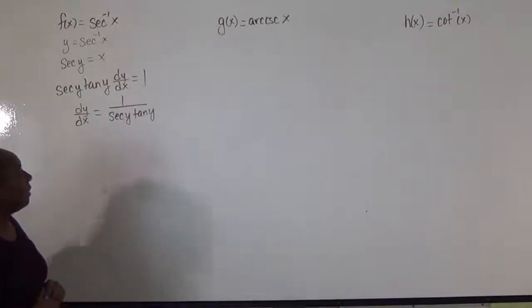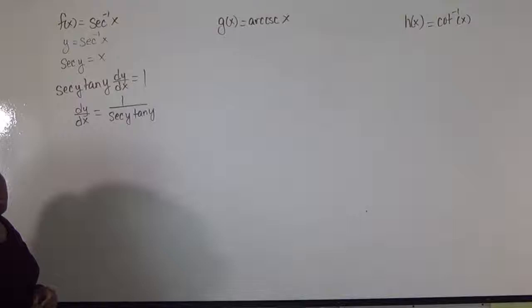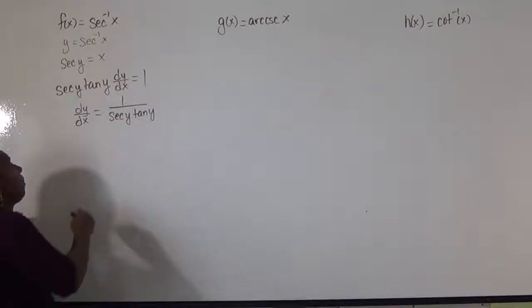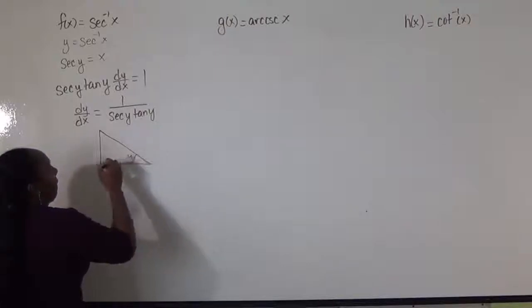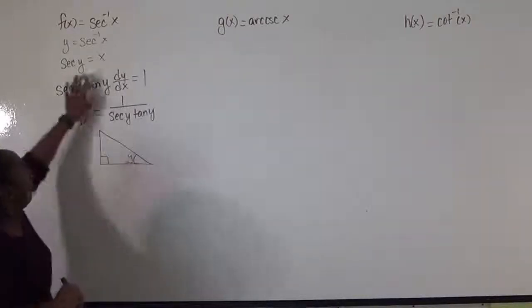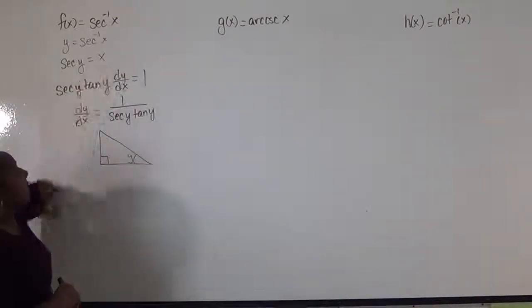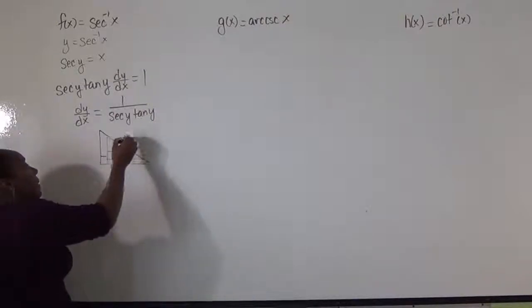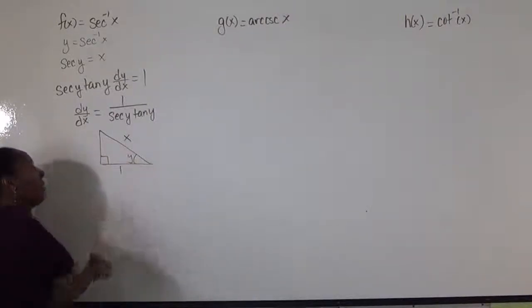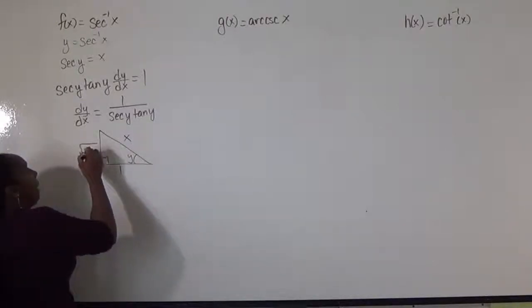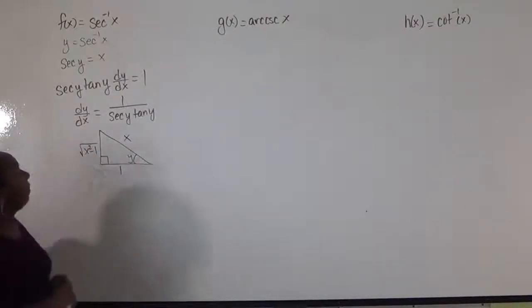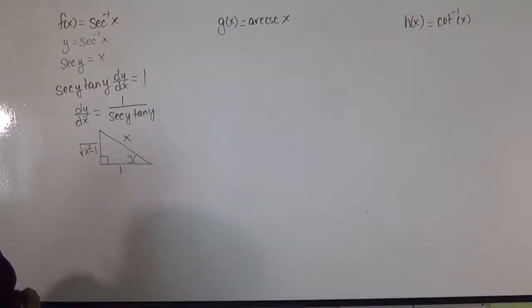Again, not very pretty. We want to get it back in terms of x. So again, we can go back to our triangle. Looking at our value for y, the secant has to be x, which means the hypotenuse over the adjacent is x over 1, which gives us the square root of x squared minus 1 for the opposite side.